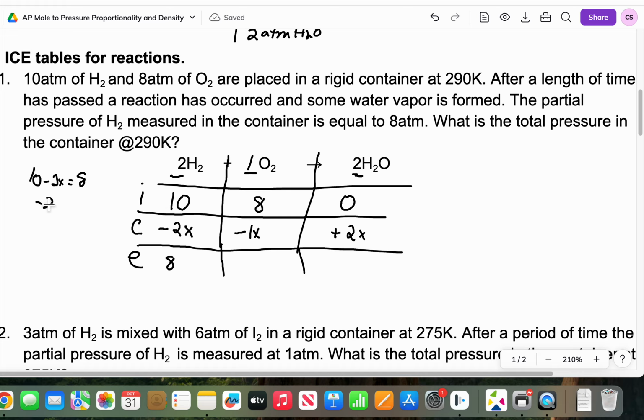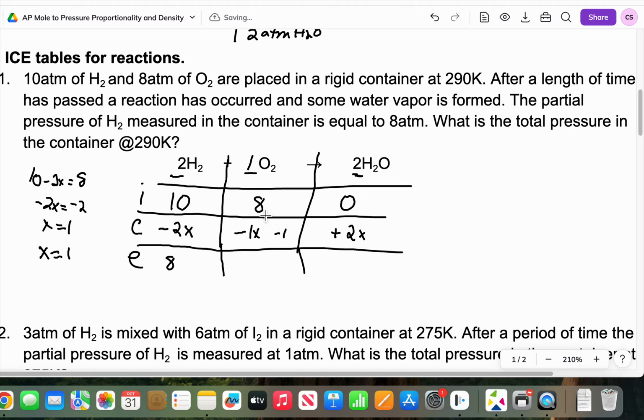You get negative 2x equals negative 2, x is equal to 1. Or you can just eyeball it and say 10 subtract 2 times what equals 8. x is equal to 1. But it's important to figure out that 1 because you're going to need to use it. Once you know x is equal to 1, you can plug it in over here. And so negative 1 times 1 is negative 1.